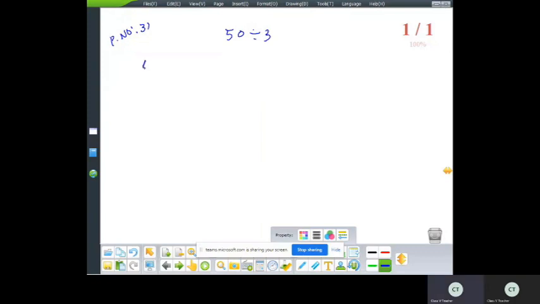Lata solved this problem. The solution is already given in the textbook, page number 31. Next, one more girl, Bhagya, also solved the same problem.